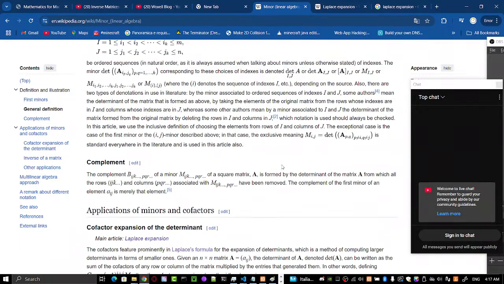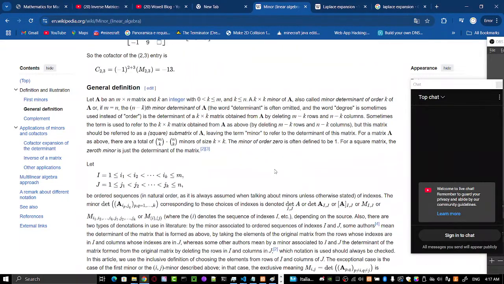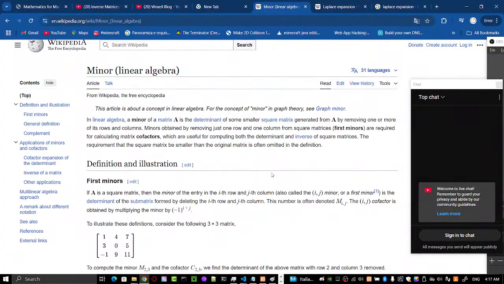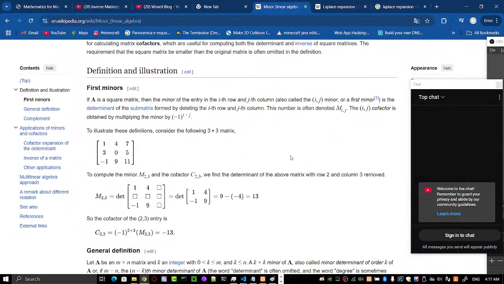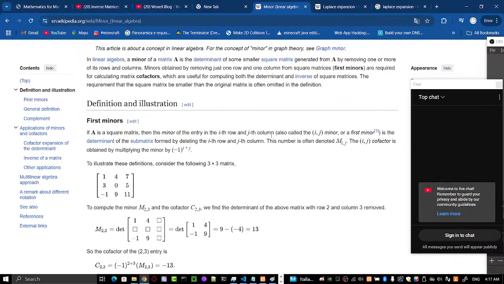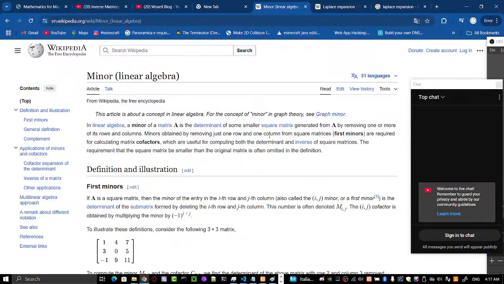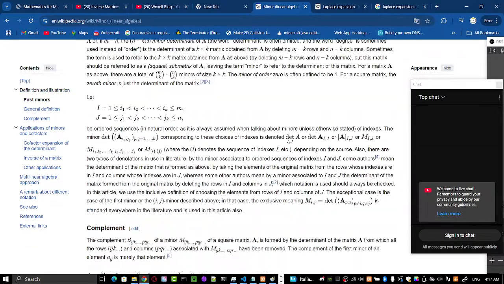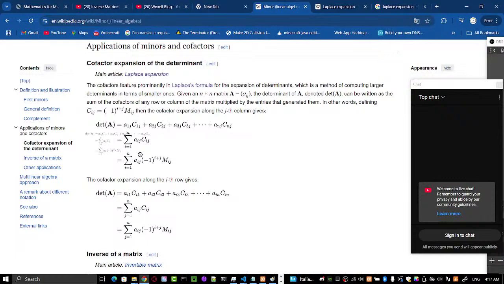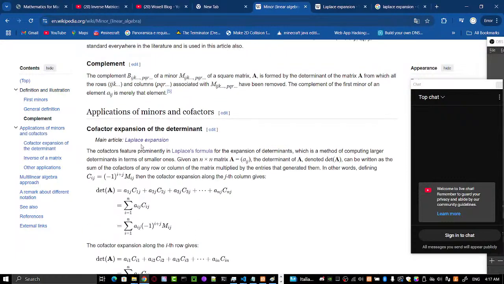The cofactor is simply the signs applied to each entry point, right? We don't need a new function for this. I don't think this is that important, but it is enough to know how this works, that this formula exists and everything.